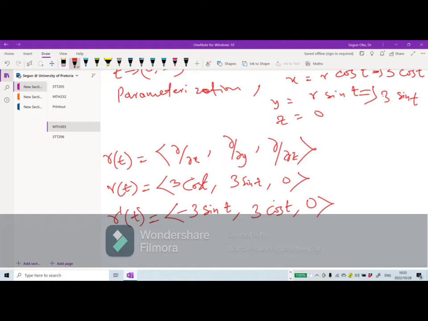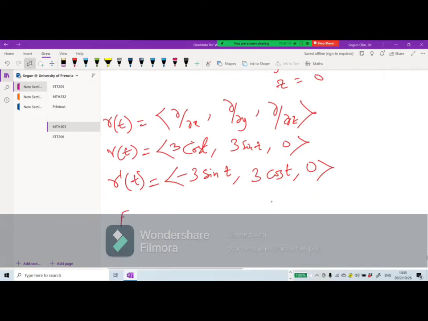So I can substitute this into my equation by saying the integral of F dot dr is equal to the integral of F of r of t multiplied by r prime of t.